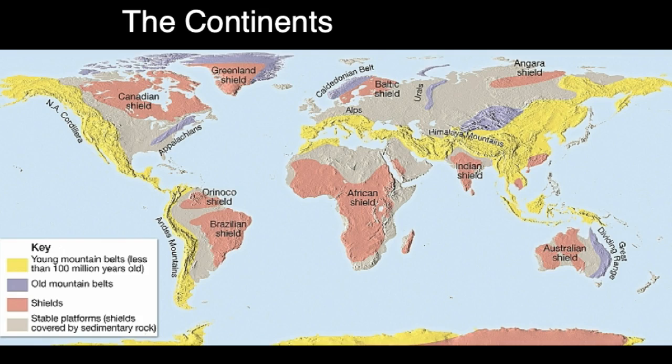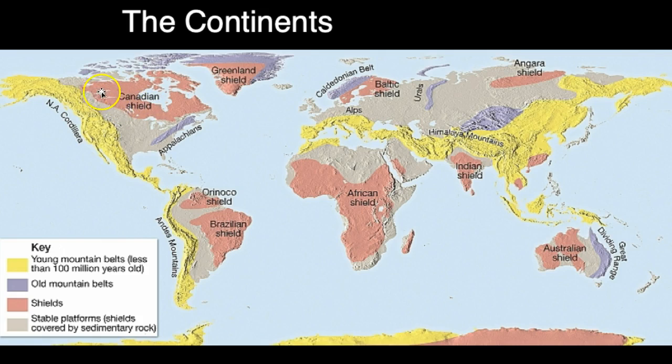And then you also have the subdivision between the two types of craton. So you have the shields, which are going to be areas where there's exposed igneous or metamorphic rock. So one of the shields that is pretty large is the Orinoco Shield, and also the Canadian Shield, which is where I showed you the pictures of Yellowknife.